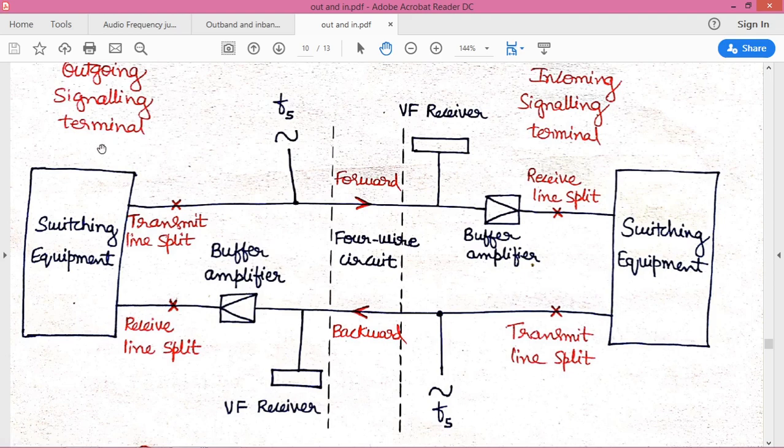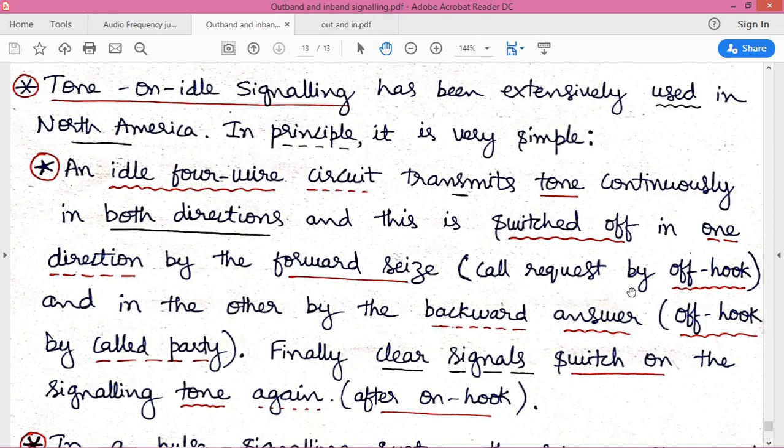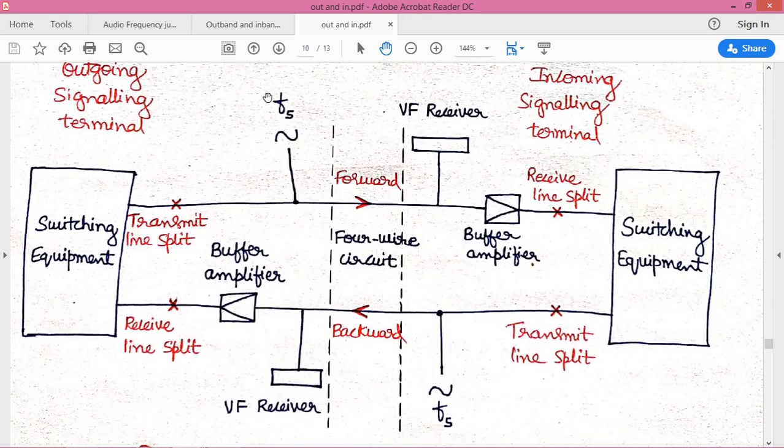That means right now there is no call or speech signal coming into this exchange or switching system. Now suddenly, when there is a C signal, once the customer goes off hook, the call request signal will be transferred to the exchange, and once the exchange detects this call request signal, the tone signal that was produced before will be turned off.